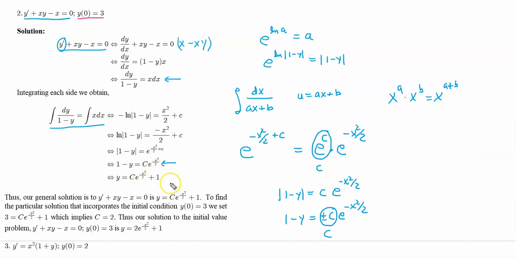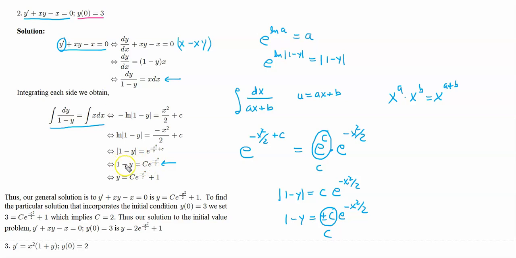Now we can solve that for y pretty easily. We can just think of taking the 1 over to the other side and then multiplying by -1, or you can think of moving the y over to the right-hand side and subtracting c e to the negative x squared over 2 over to the other side.